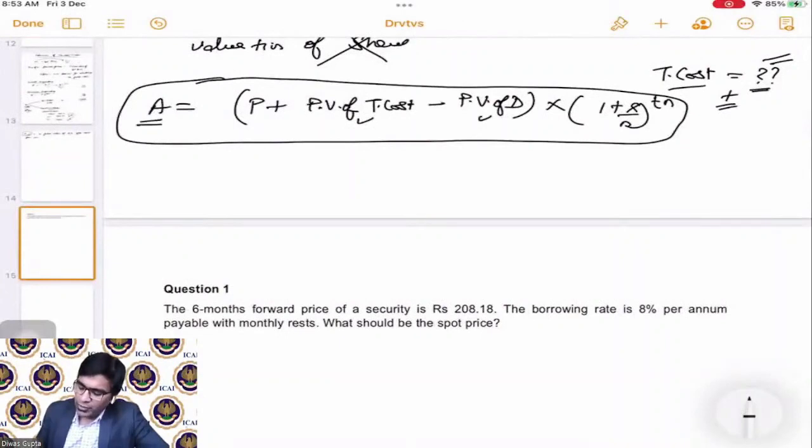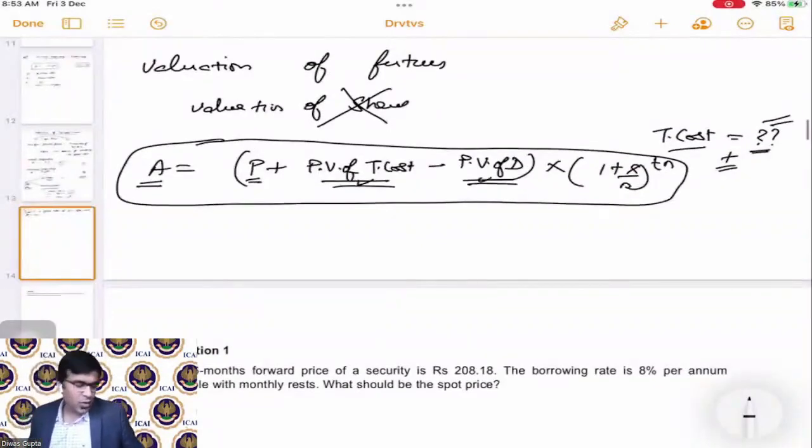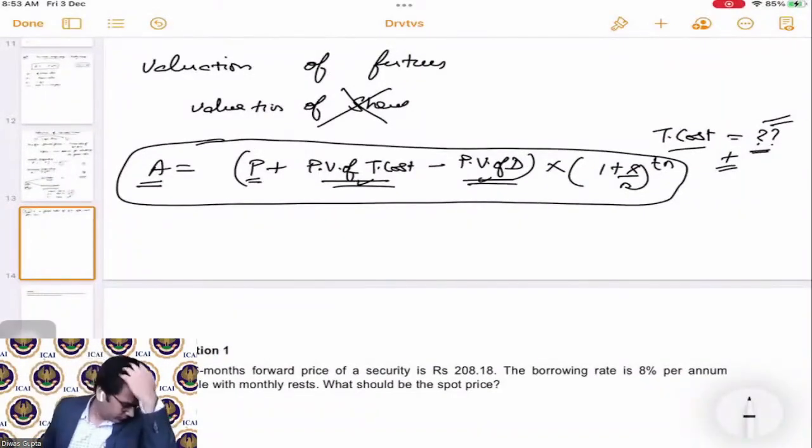So the future price will be current price plus present value of transaction cost minus present value of dividend. The whole we will take for the compounding of 1 plus R divided by N raised to the power Tn. This is the case of discrete dividend.